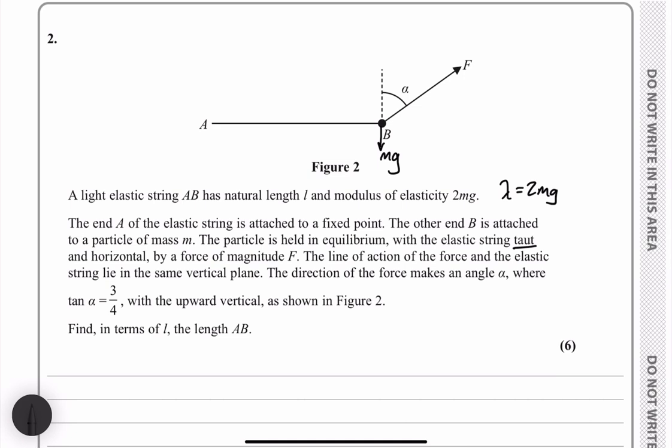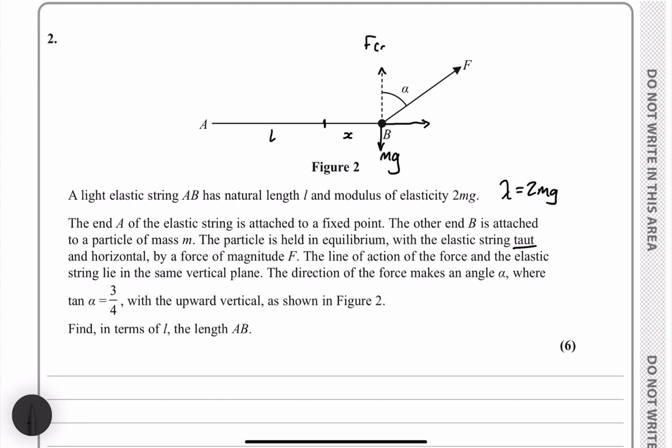Okay, so find in terms of L, the natural length, the length AB. So AB is the natural length, say that's here maybe, plus the extension x. And I can split my force here into two components.